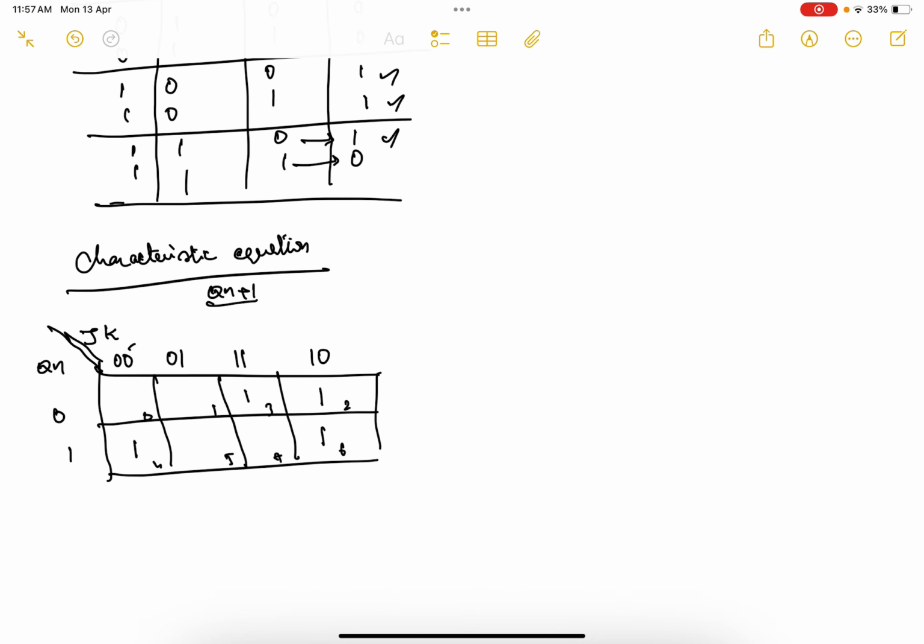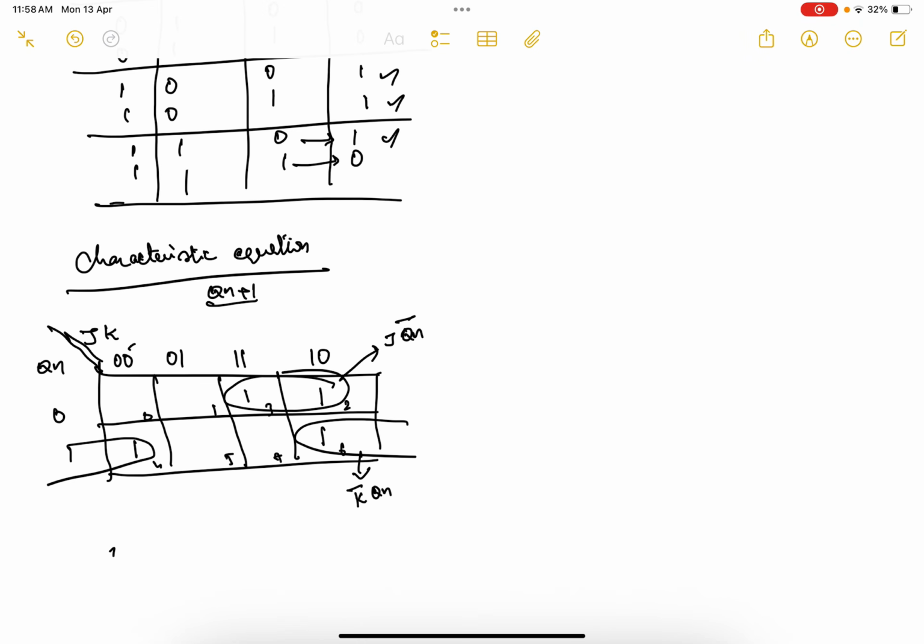Okay, so now you got a structure this way. So how can you group it? Here there are 2 pairs. One is this pair, another is this pair. For this pair, what is the answer? The answer will be nothing but J Qn dash, and for this pair the answer will be, which is common, K dash into Qn.